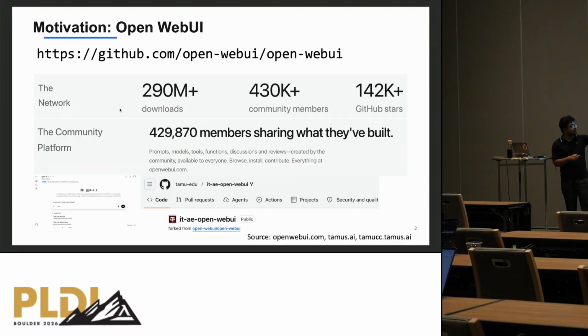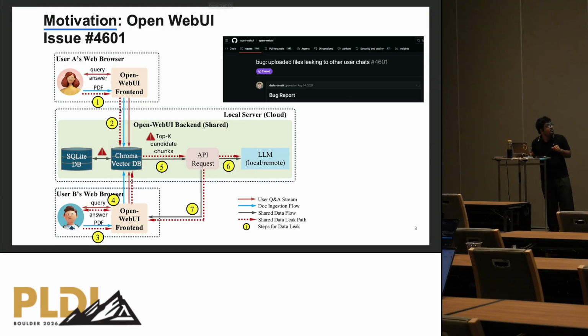Basically, a fork of OpenWebUI has been used in this Taint AI framework. So all of the students, faculty, and staff from all of the universities operating under the Texas A&M University system have been using this. It's a pretty huge project for LLM applications.